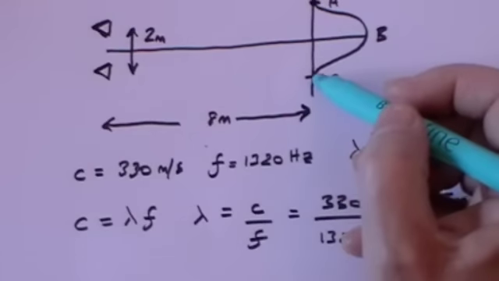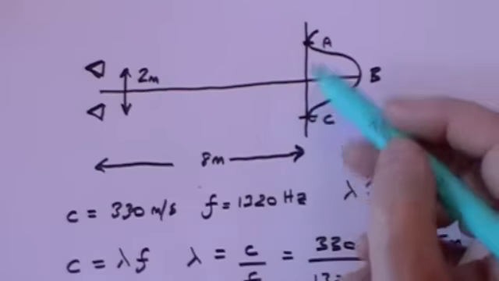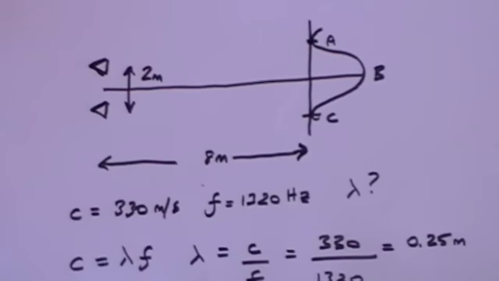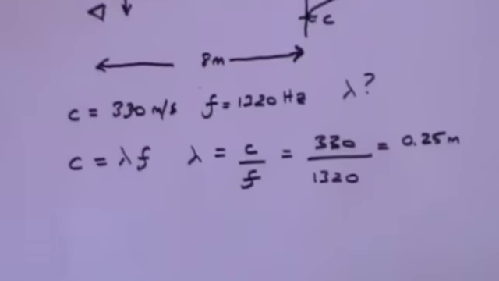Now we need to know what the separation of the minima is, the distance A to C, which is essentially the width of one fringe.